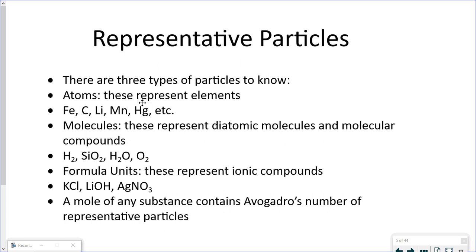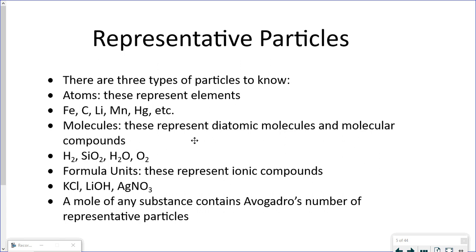If the representative particle is a molecule, this is the smallest part of any type of molecular substance. So this could be our diatomic molecules like oxygen, hydrogen, fluorine, chlorine, or any molecular compounds that, remember, only have nonmetals in them, like silicon dioxide or water.